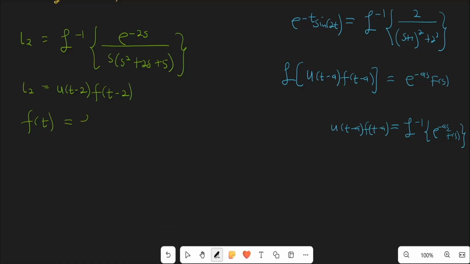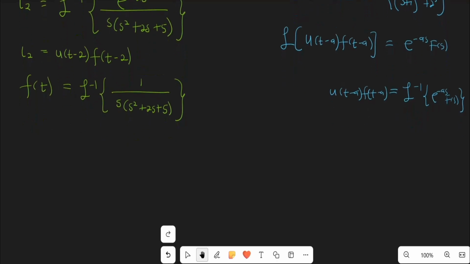What is remaining is 1 all over s into s squared plus 2s plus 5. When we find f of t, we can shift it by 2, and that will be f of t minus 2, and that will come and multiply here, and then we'll get the Laplace inverse of this function, which is L2.